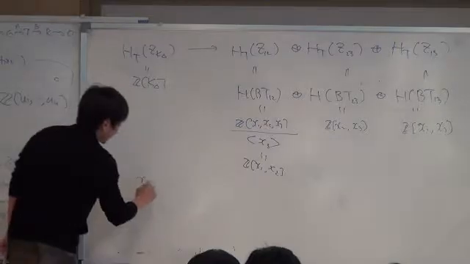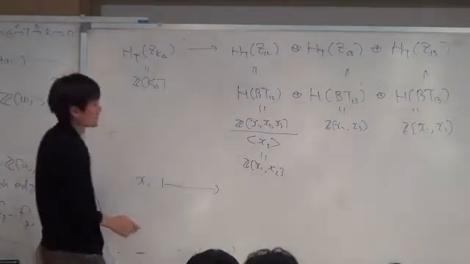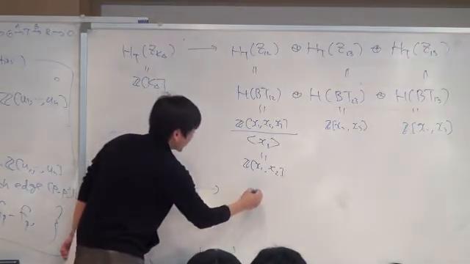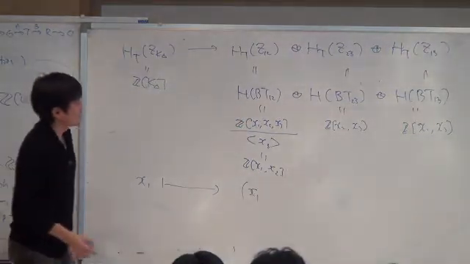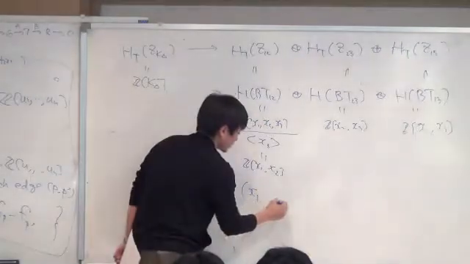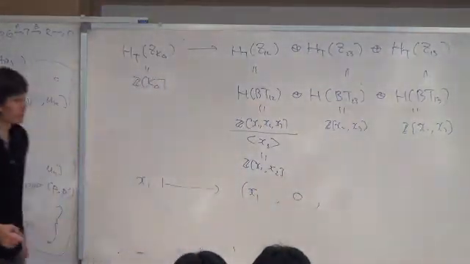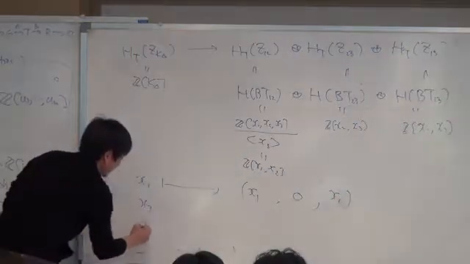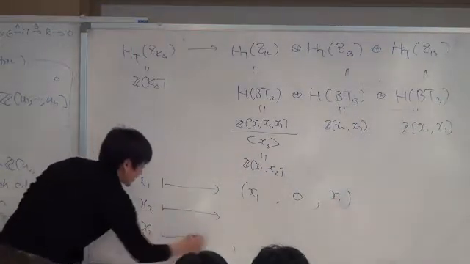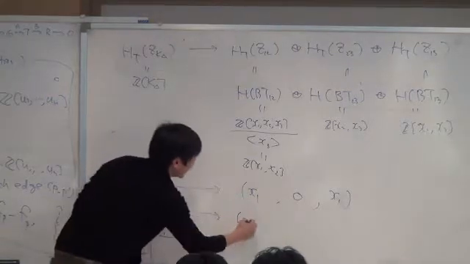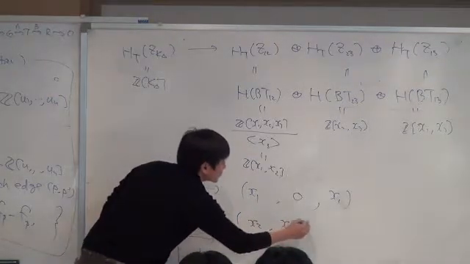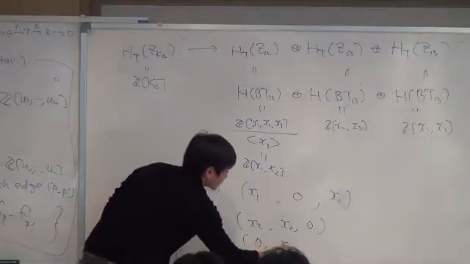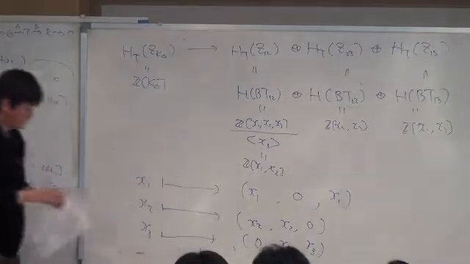X1 is not going to be killed in this cohomology ring, so you have X1. And in here, X1 is killed, so it's 0. And the third component, it's X1. So it's very combinatorial, easy. X2 goes to X2, 0, and 0, X3, X3.